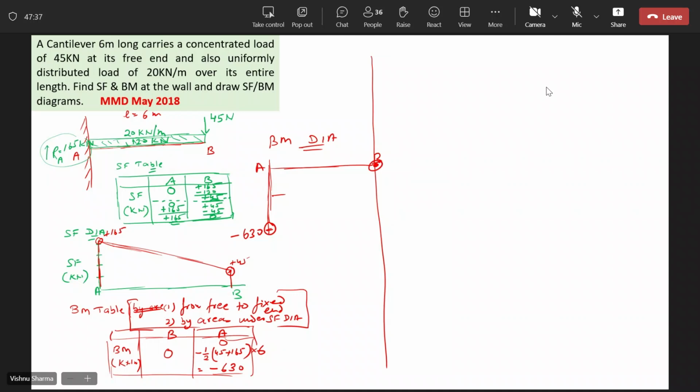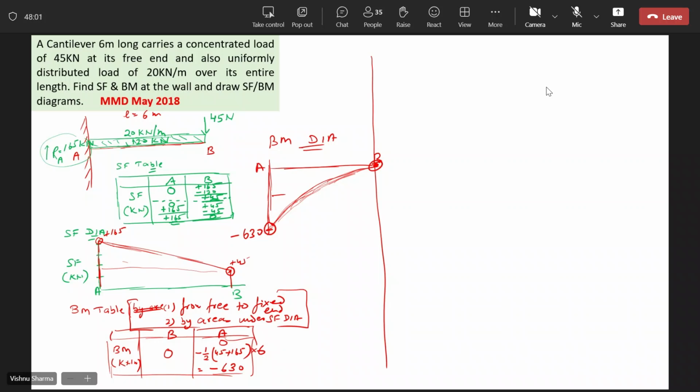Smaller to bigger. So it will be more like a vertex to base. Yes or no? Yes. Because this comprises a rectangle and a triangle from vertex to base. So the BM diagram of this question would be somewhat like this. Is that clear to everybody, guys?